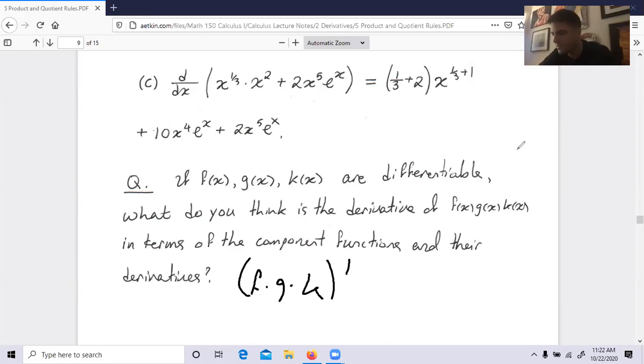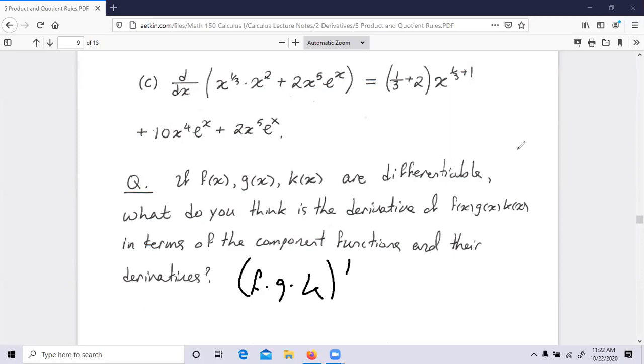I want to see it. Wonderful. It's pretty easy to guess what happens here. It's the traveling derivative. The derivative moves from one function to the next.